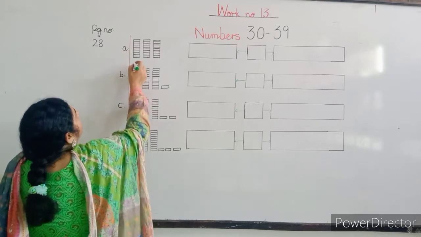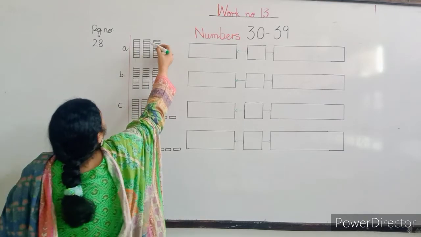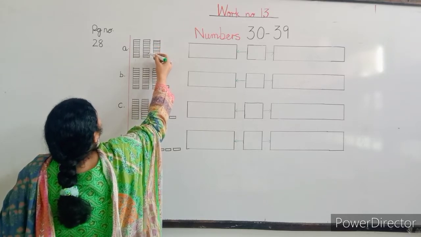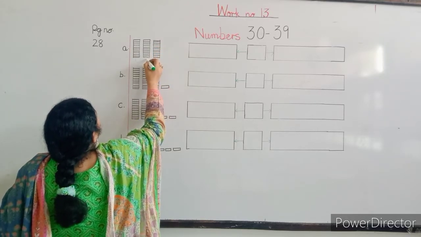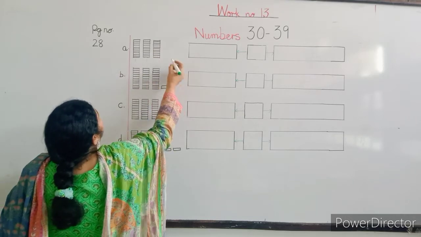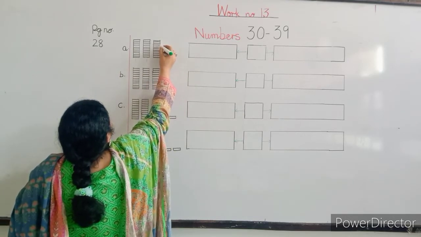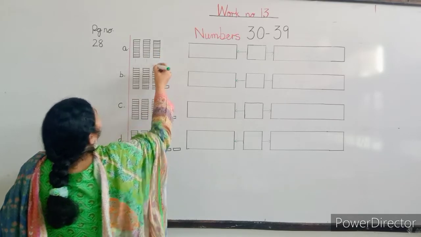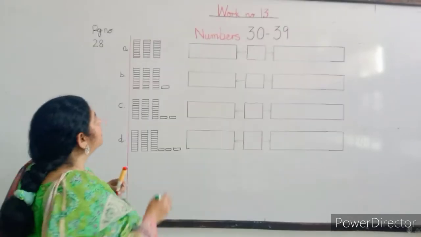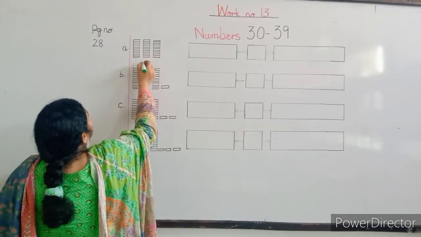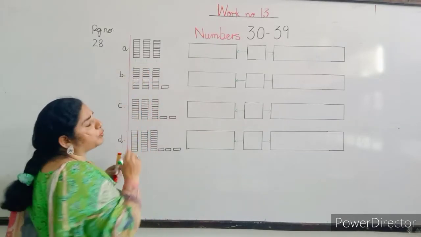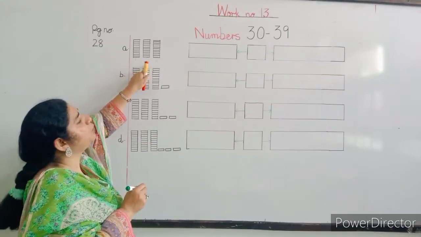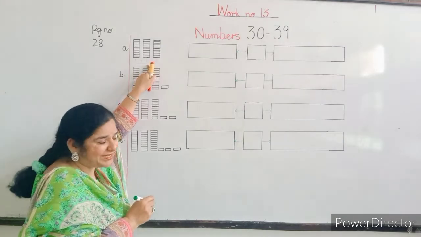So this is 1 ten. Now 1, 2, 3, 4, 5, 6, 7, 8, 9, 10. So this is one more 10. Right? So 1 ten plus 1 ten is 2 tens. 2 tens mean 20.